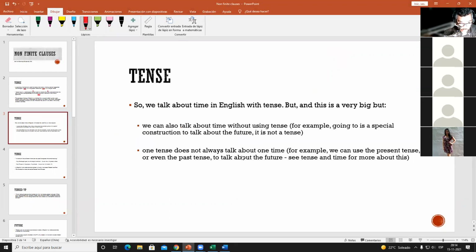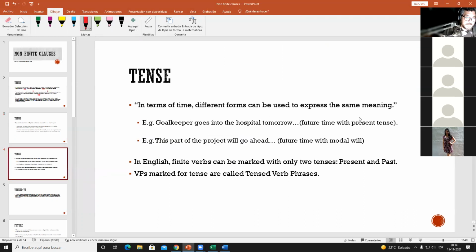And the other part is this. One tense does not always talk about one time. For example, we can use the present tense or even the past tense to talk about the future, right? So I have these ideas. In terms of time, different forms can be used to express the same meaning. So, for example, the goalkeeper goes into the hospital tomorrow.